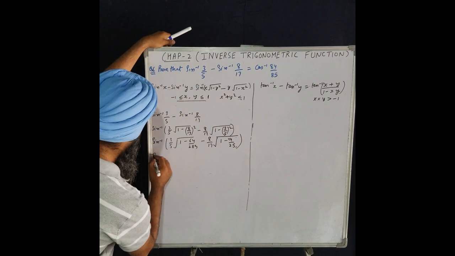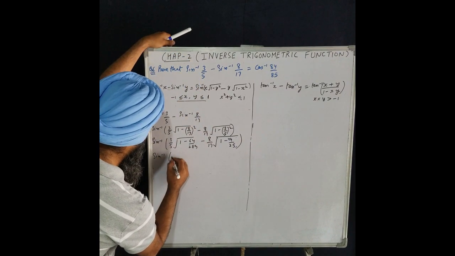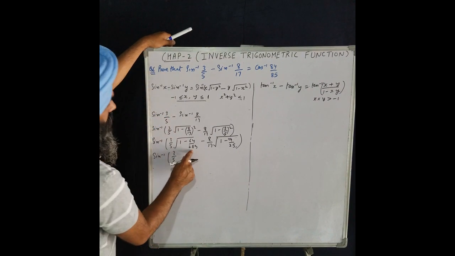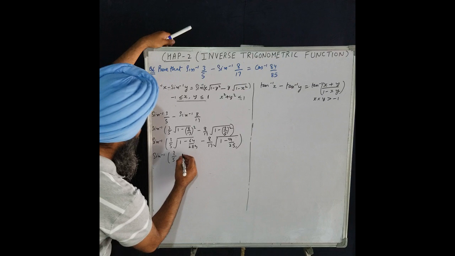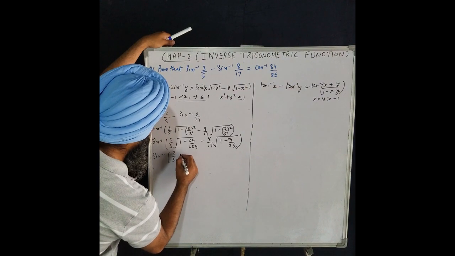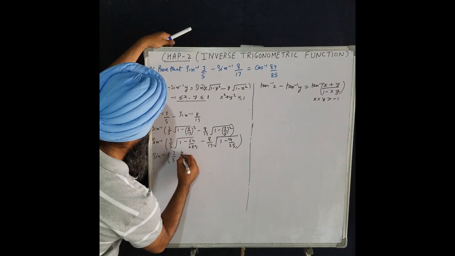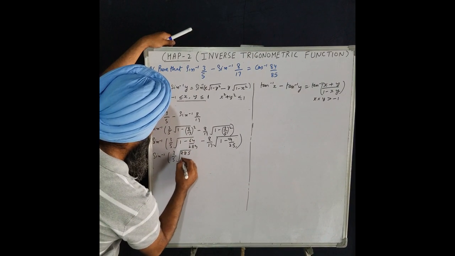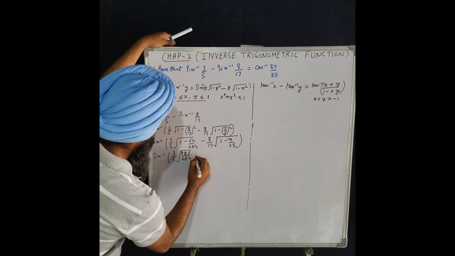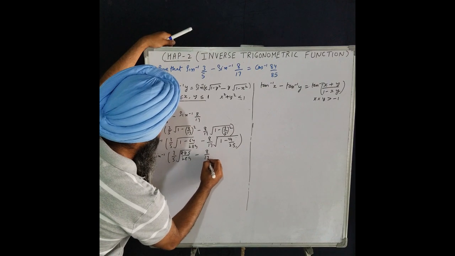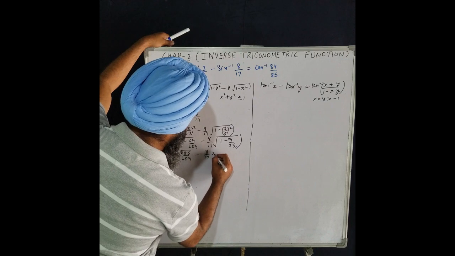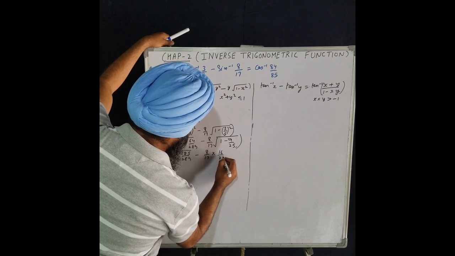now try to solve it. Evaluate 3/5. It comes out to 289 minus 64 beta. It comes out to be 225 upon 289 minus 8/17. It comes out to be 16 upon 25, 16/25.